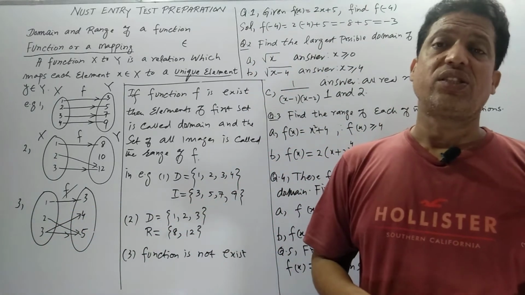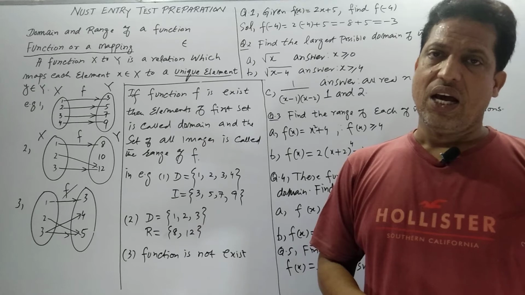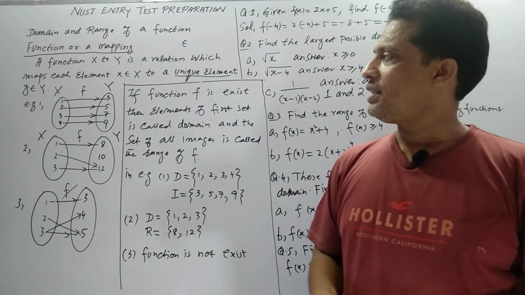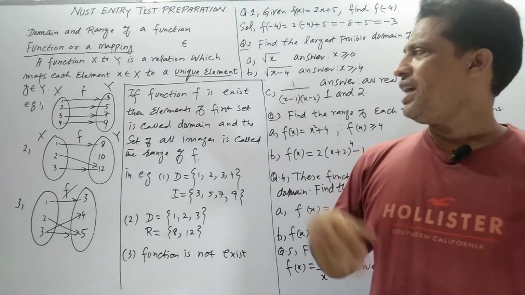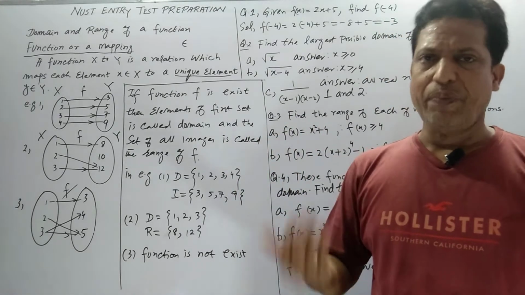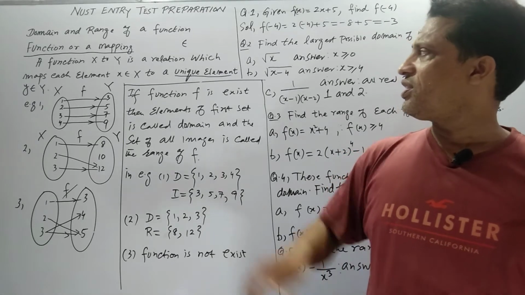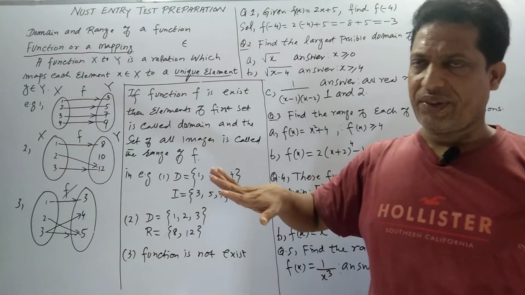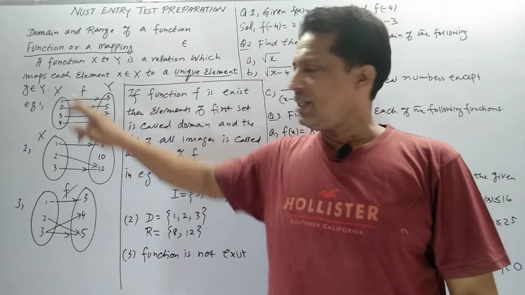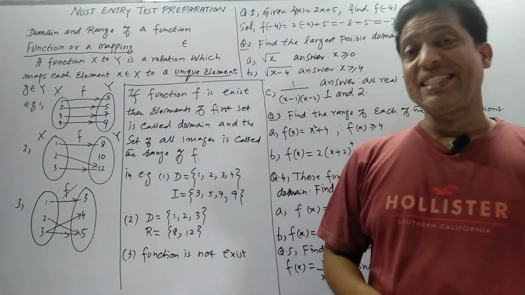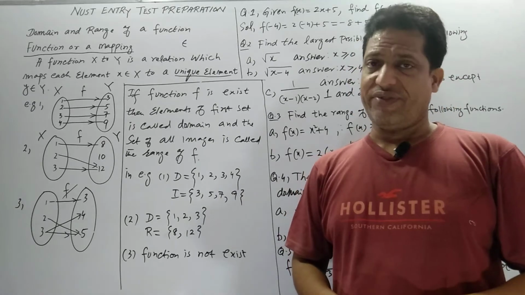So this is not a function. Whenever we need to find out whether a mapping between given sets is a function or not, we just apply this definition. So example number 1 is a function, example number 2 is a function, example number 3 is not a function.